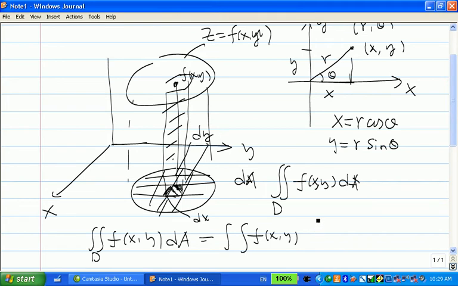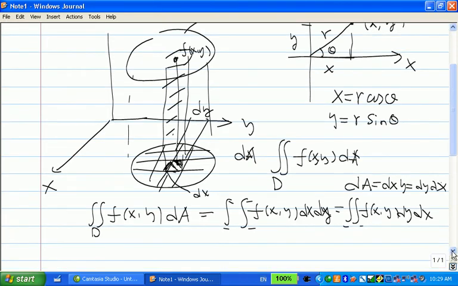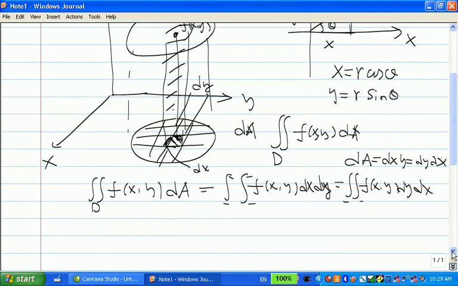So this area dA is a rectangle, and can be written either dx dy or dy dx. That's why we can write this as a two iterated integral, dx dy or dy dx. Then you fill up the limits corresponding to different domains D.